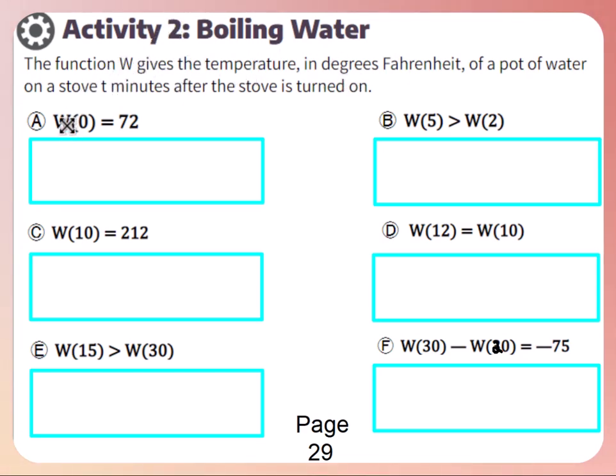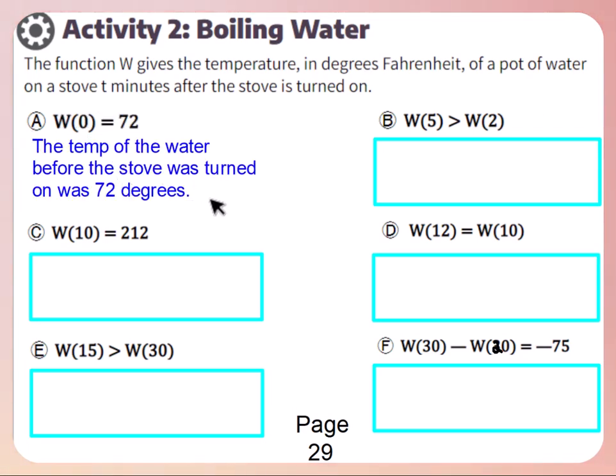So what does W of 0 equals 72 represent? Remember, the input is always going to be time. So this means 0 minutes are at the starting point before we turn on the stove. Okay, the water is at 72 degrees before we turn the stove on.